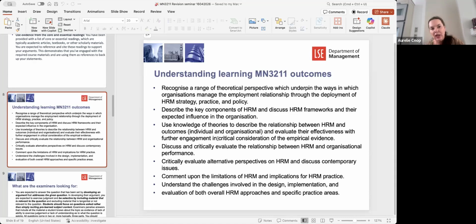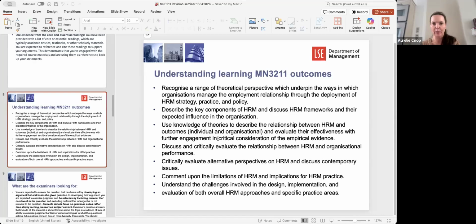That answer can be explored by understanding the learning outcomes of this course. There is a series of learning outcomes, and if you feel you are able to master the different bullet points on this slide, it probably signals that you are in a good position to answer the exam.